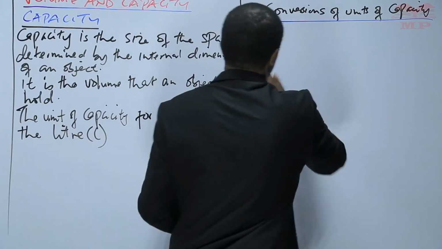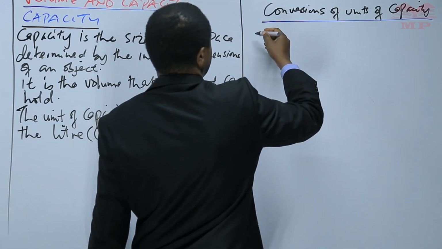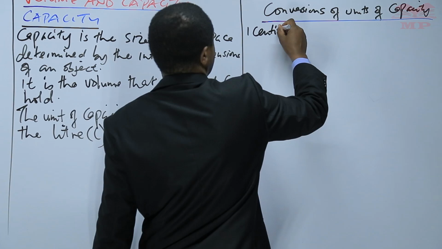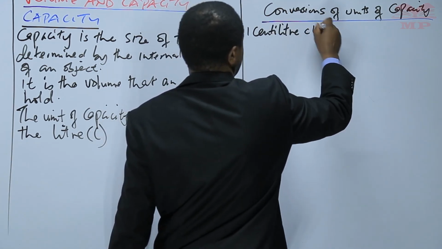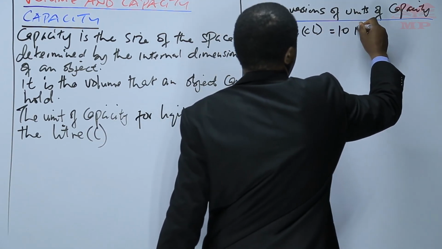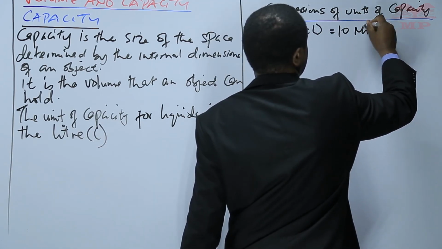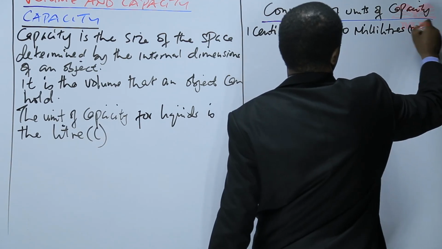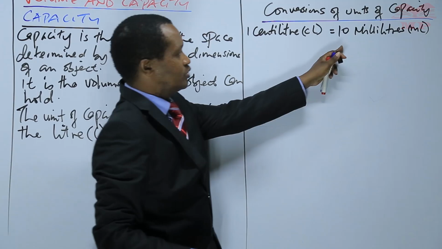Number one is the centiliters. 1 centiliter, abbreviated as cl, is equal to 10 milliliters, abbreviated as ml. 1 centiliter is equal to 10 milliliters.